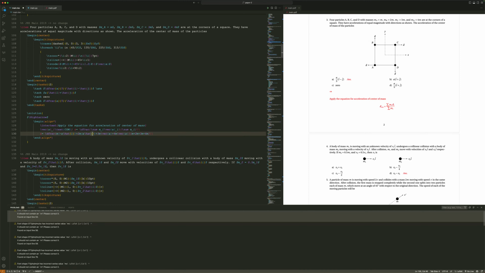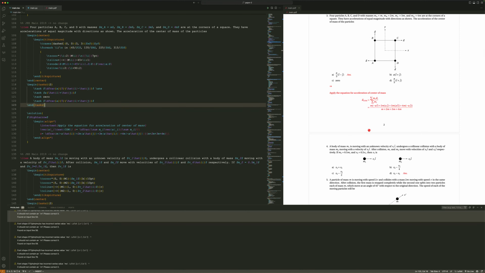So a hat j cap, and particle c is going along the I cap, so this will be a I cap, a hat I cap, and particle d is going along minus j cap, so we just have to replace this part with minus a j cap. Now we can run and see what happens.